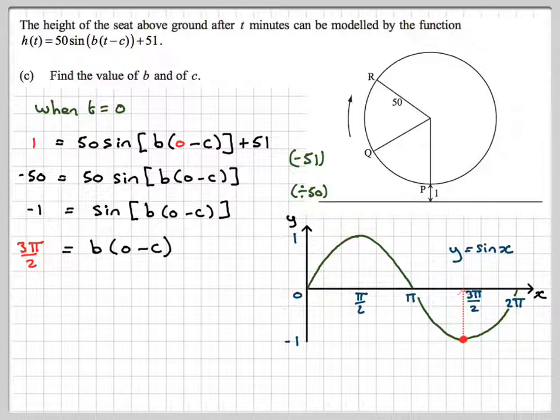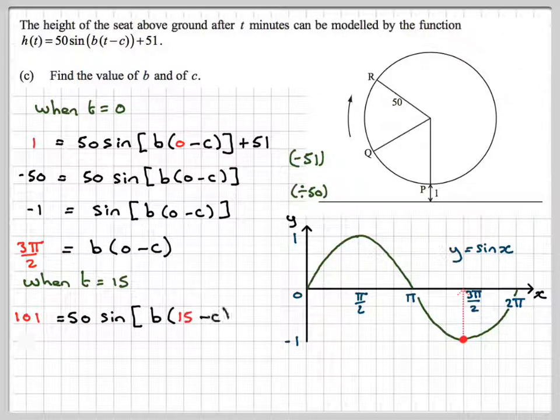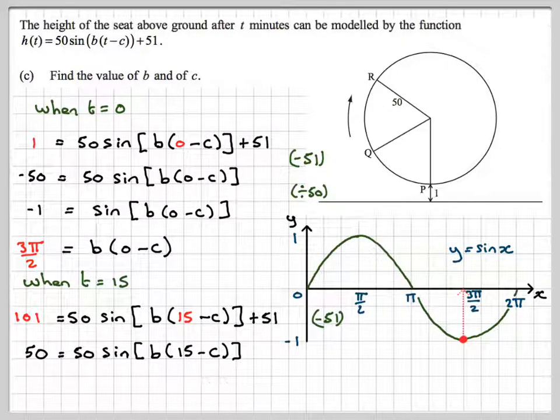Right, we've still got 2 unknowns, but if we find another height, well, we just worked out when t is 15, another height is 101. So 101 is 50 bracket b 15 minus c close brackets plus 51. Again, taking 51, we're going to get that 50 is equal to 50 sine b 15 minus c.